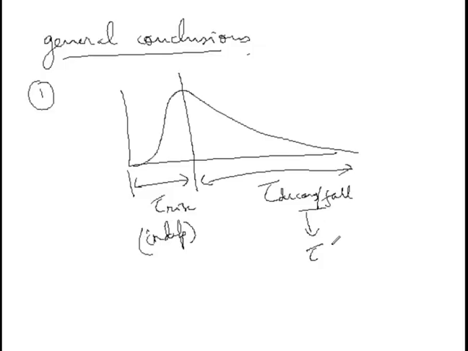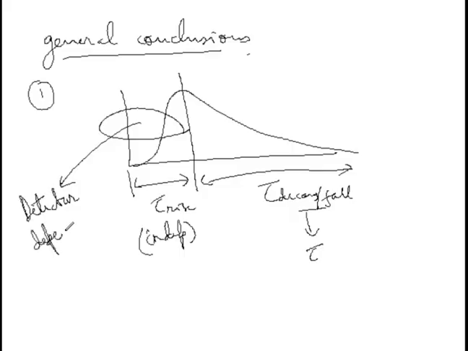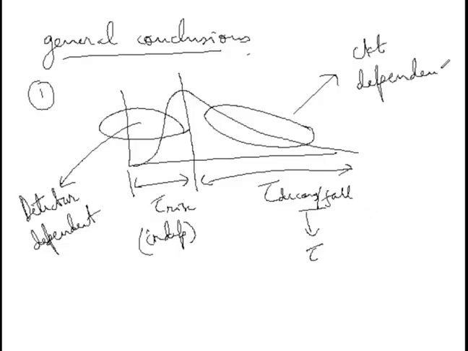So the conclusion is that the leading edge is detector dependent and the trailing edge is circuit dependent. This is very interesting.